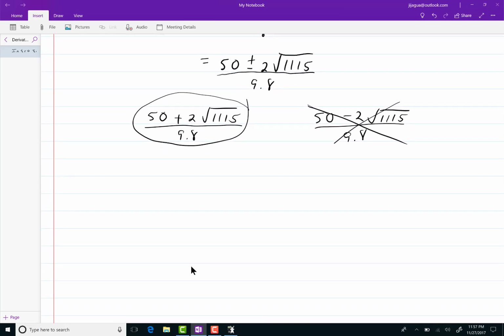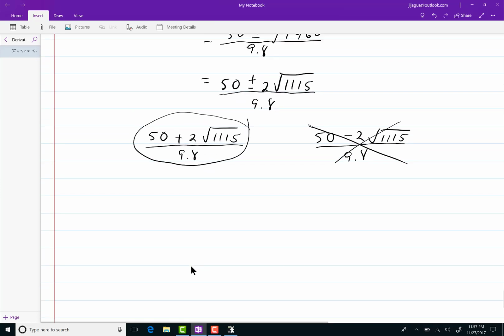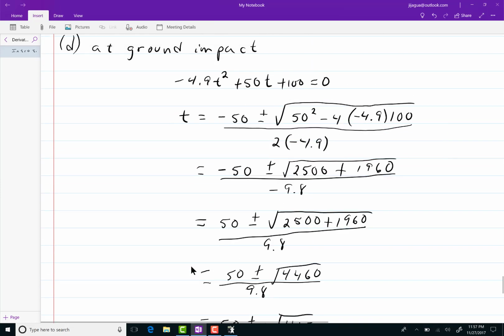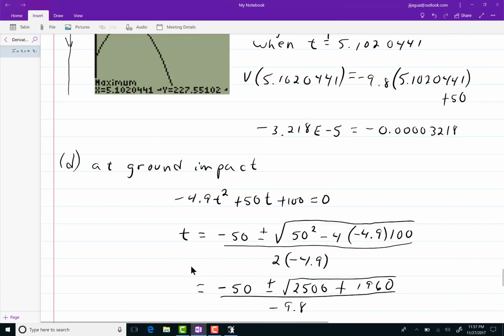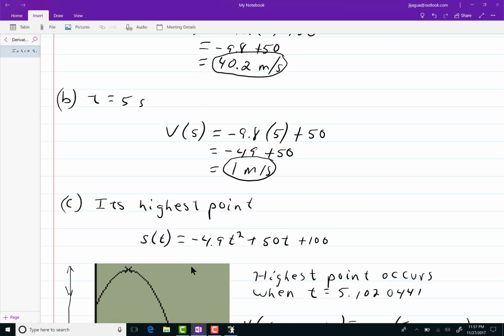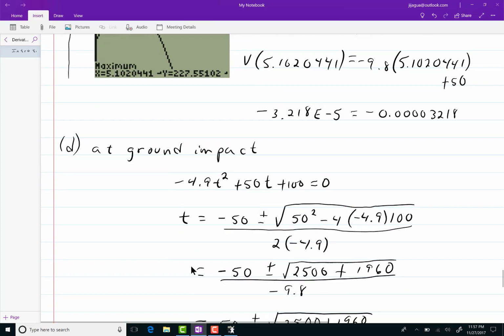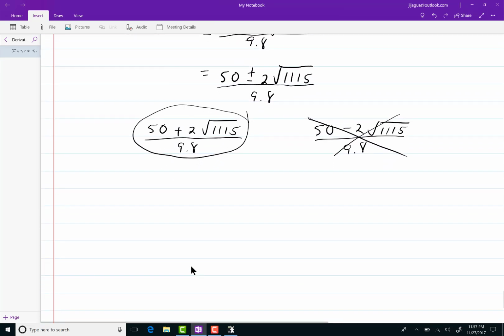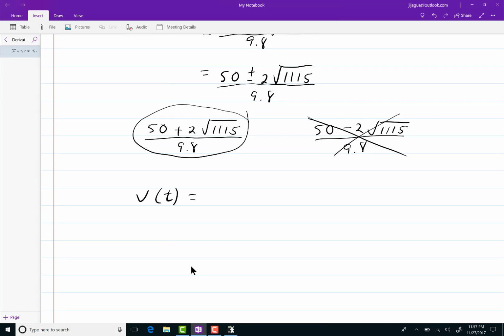And actually, if you remember, the velocity, let me come back to it for a second. Where's my formula? The velocity is negative 9.8 t plus 50. So v of t is negative 9.8 t plus 50.